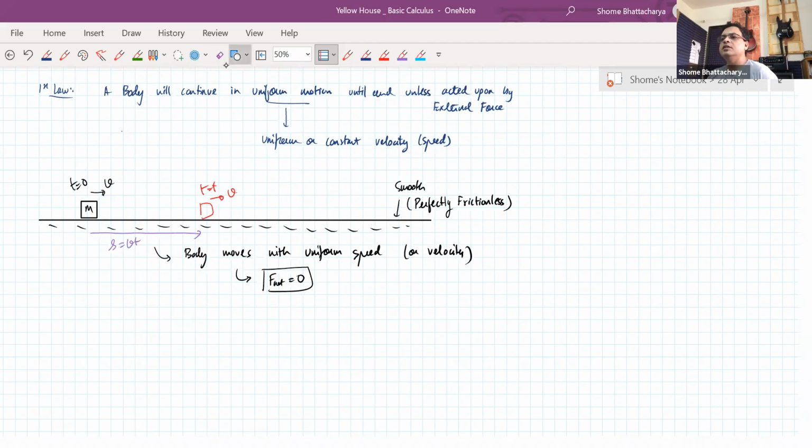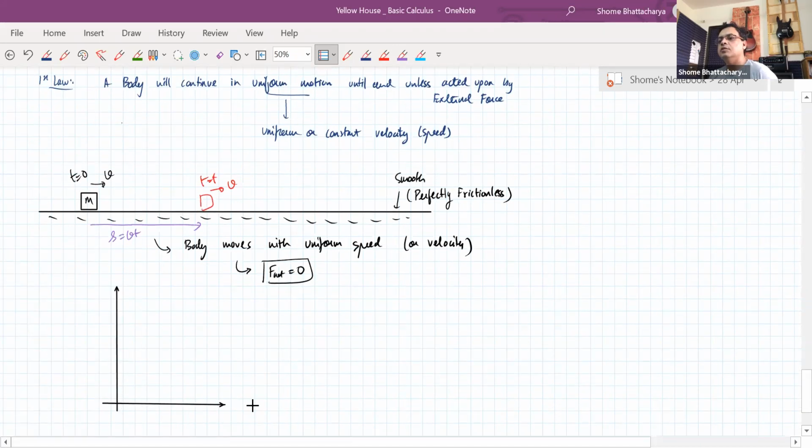If we now visualize the graph of distance versus time, to understand how distance is varying with time, what kind of graph will we get? We'll get a straight line graph with a uniform slope.